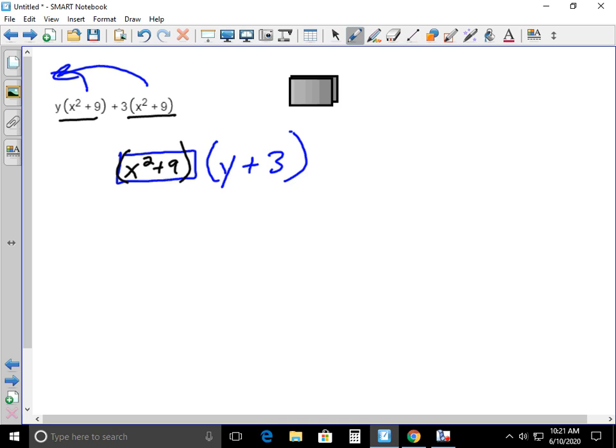Each of those two terms have x squared plus 9 in common. So if we undistribute x squared plus 9 and put it in the front, then the next parenthesis tells us what it's multiplied by. It's times y, and it's times 3. So we just put the common factor in the front, and then put what that common factor is multiplied to.